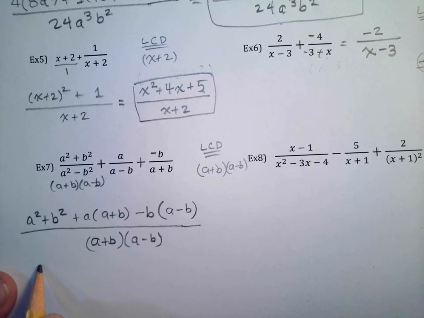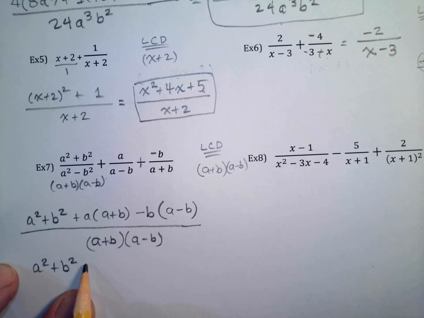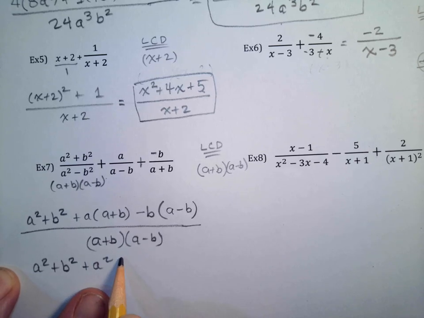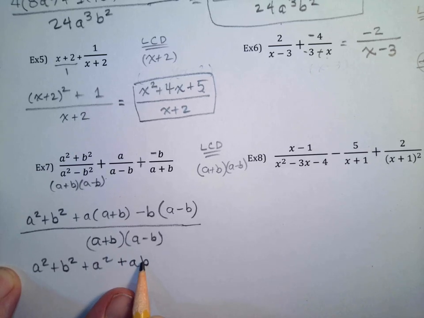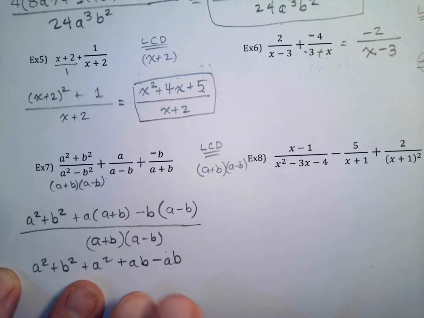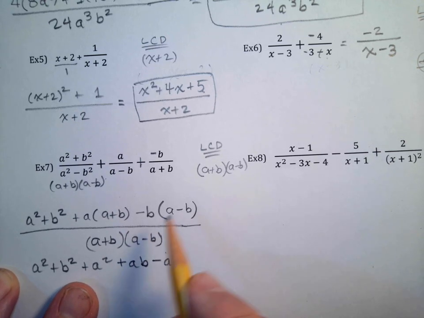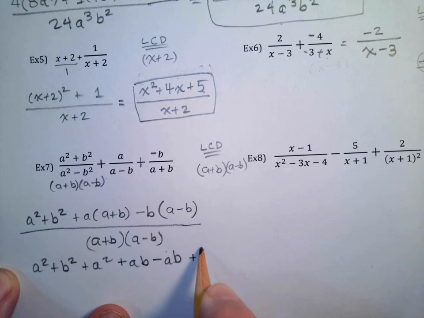All right, so we get a squared plus b squared. Distribute that. That's plus a squared plus ab minus, well, ba, but let's write it as ab so we see them as being the same. And then plus b squared.